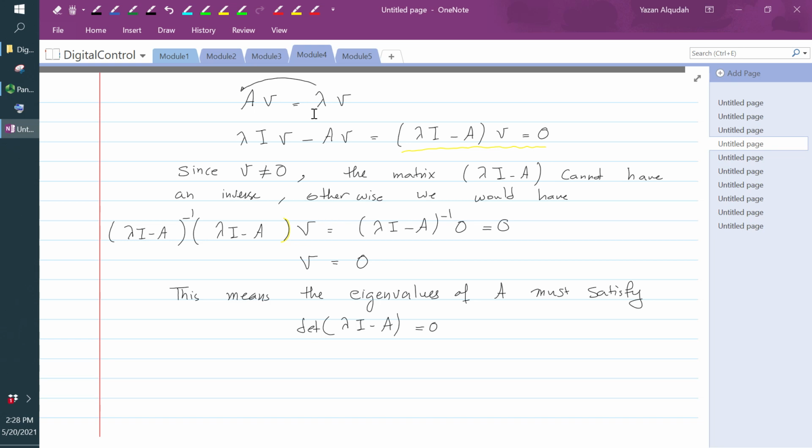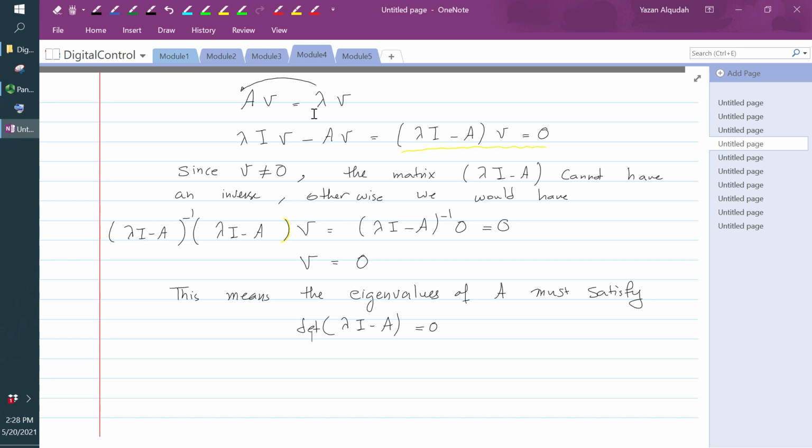But then we said if lambda I minus A has an inverse, I can multiply both sides, and that will result in V equal to 0. And therefore, if lambda I minus A has an inverse, then V must equal 0. But we want V not to equal 0. The only way that will be possible is if lambda I minus A does not have an inverse.